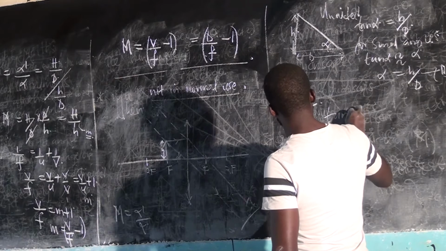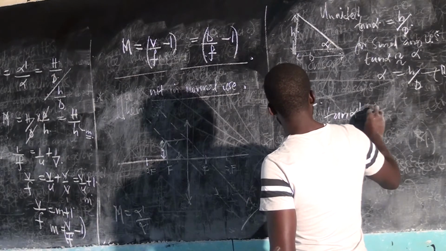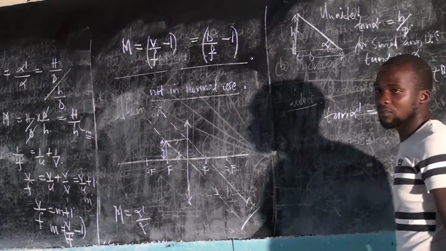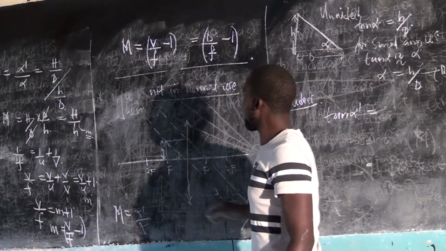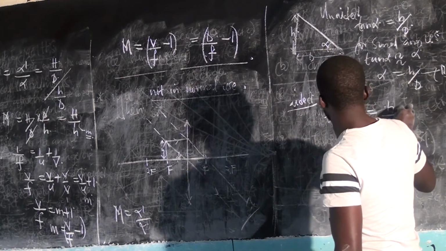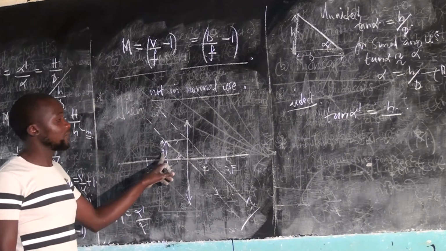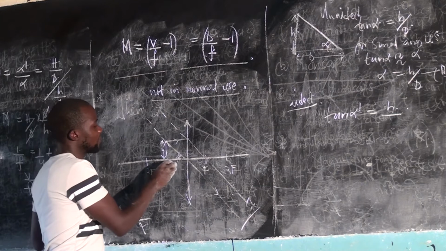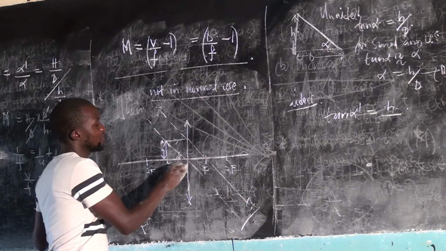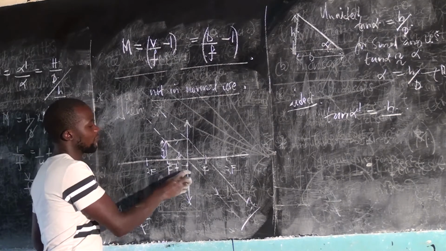I'm looking at tan. Use just the instrument. The tan of alpha prime becomes just h, like you see it here, and then over which distance? This distance is f, because this is the focal length.